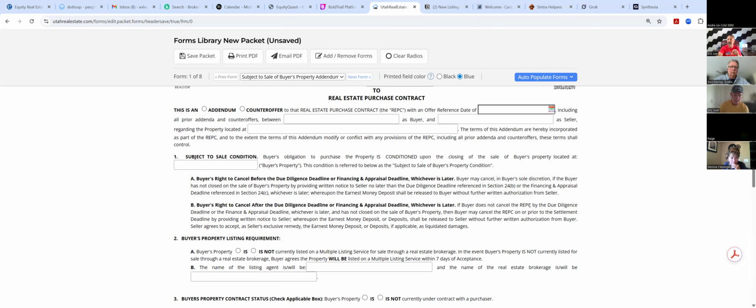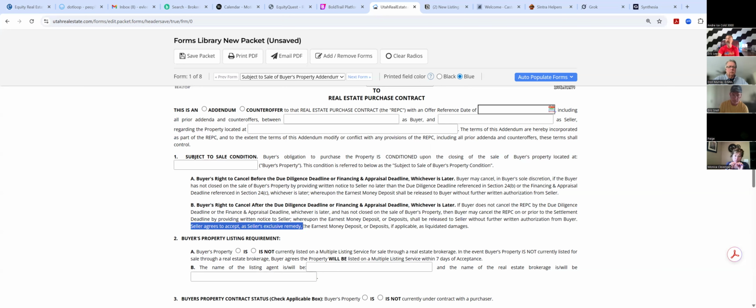If the buyer doesn't cancel the REPSI by the due diligence or finance and appraisal deadline, whichever is later, this section up here, they didn't do that, and they haven't closed on the sale of their property, then they can still cancel the purchase contract on or prior to the settlement deadline by providing written notice to the seller, whereupon the earnest money deposit shall be released to the seller. So before it was released to the buyer, now it's released to the seller. And seller agrees to accept as their exclusive remedy the earnest money as their liquidated damages.